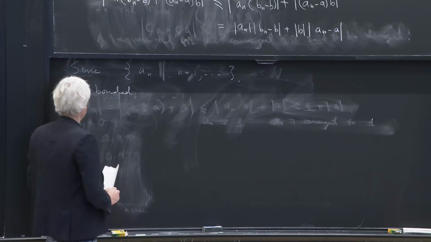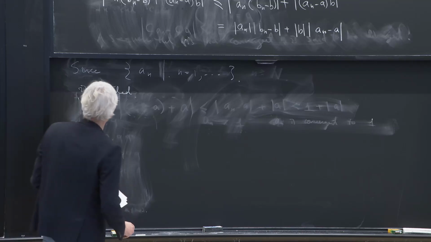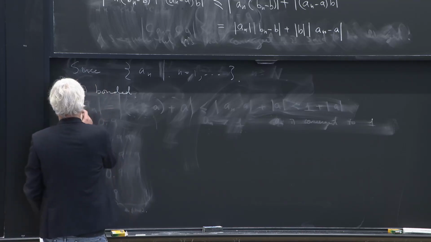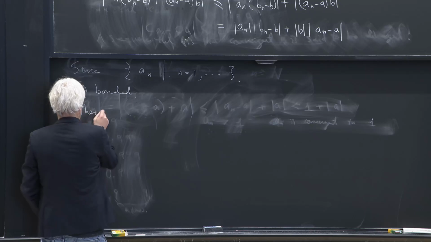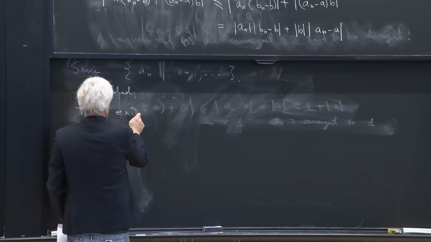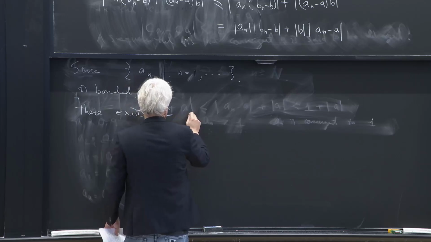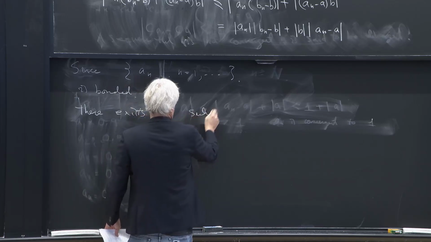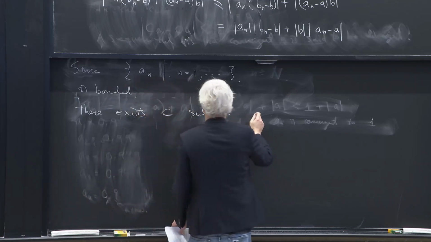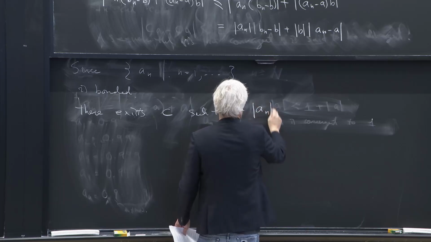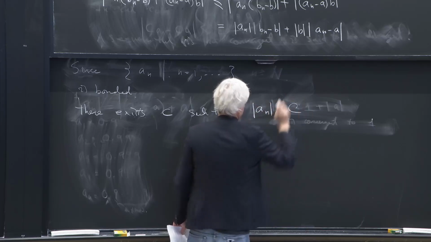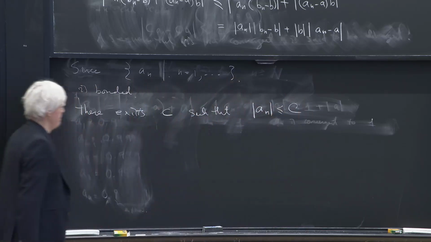So there exists a C so that the absolute value of a_n is bounded by C.